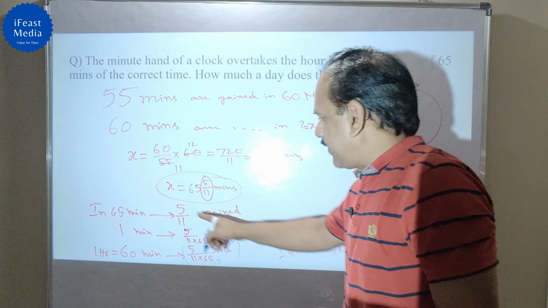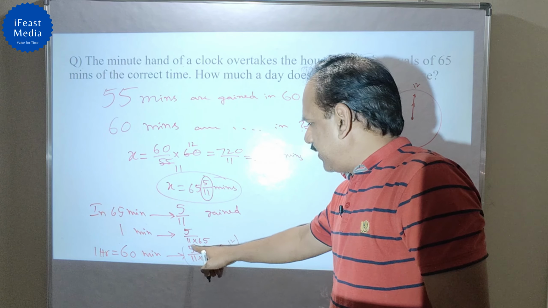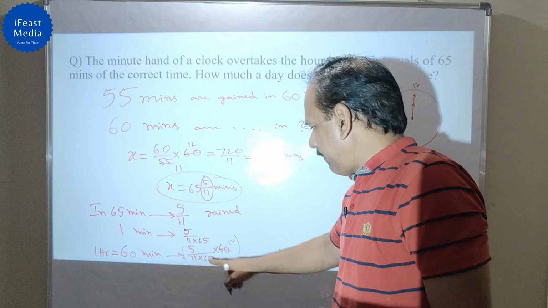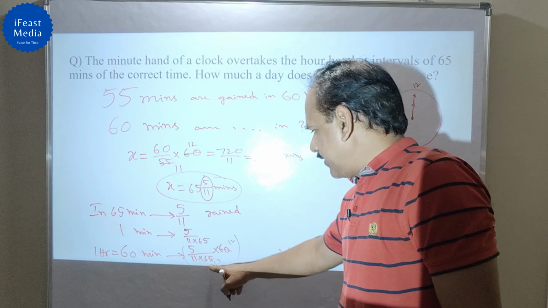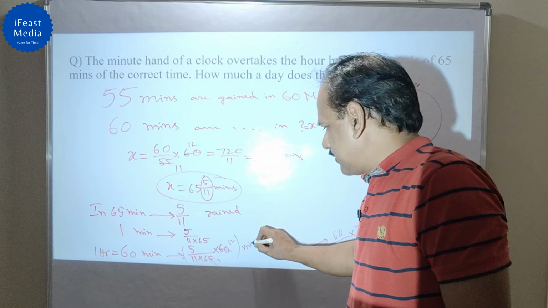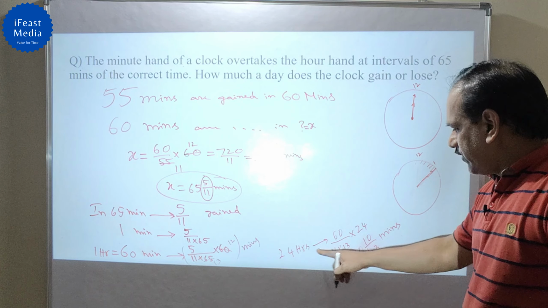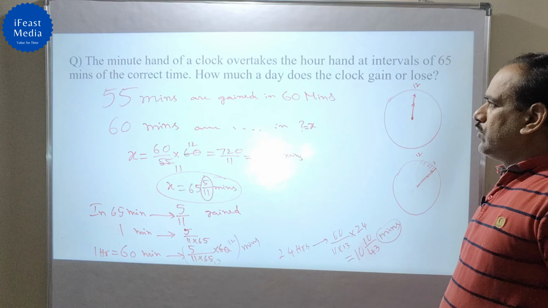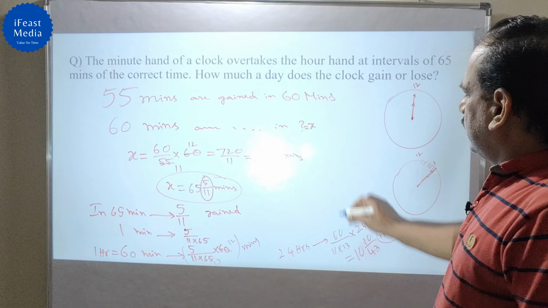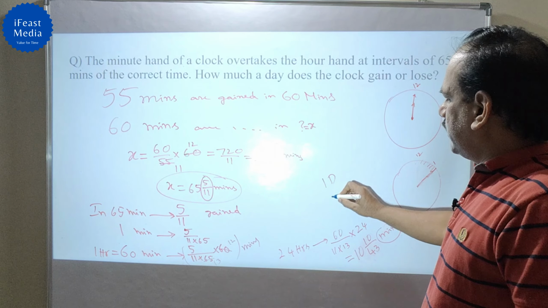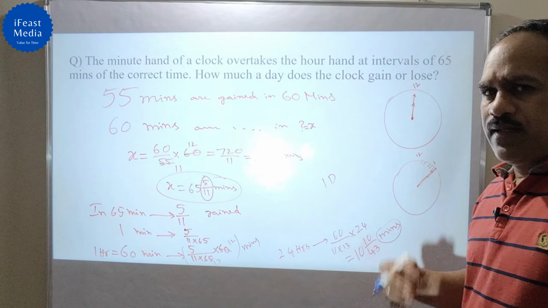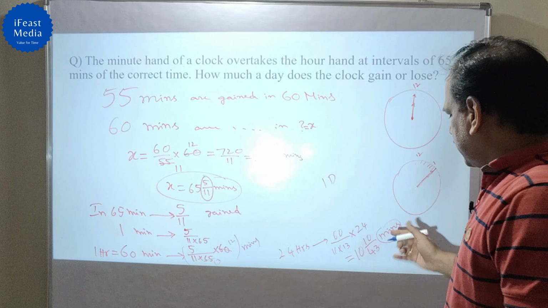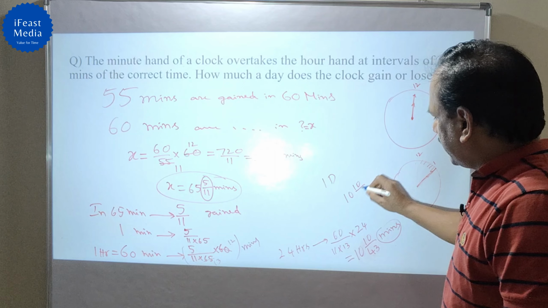So this is all minutes. 5 by 11 part of a minute, 5 by 11 into 65 part of a minute, 5 by 11 into 65 into 60 minutes, and in 24 hours 10 by 43 minutes. So in 1 day or in 24 hours, the total gain by the clock is 10 by 43 minutes.